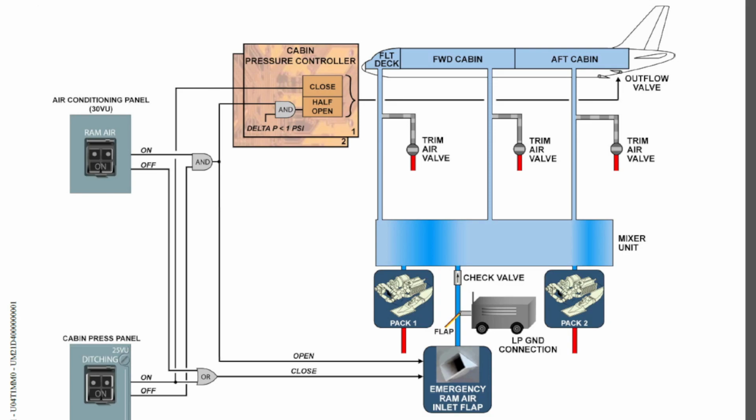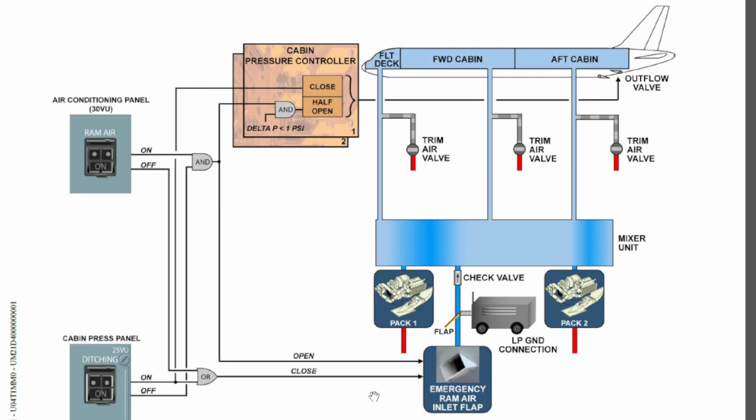It will also be used if you have smoke during the flight. For the removal of smoke, you can open this emergency ram air inlet and allow fresh air to come in to remove smoke from the cabin via the outflow valves.